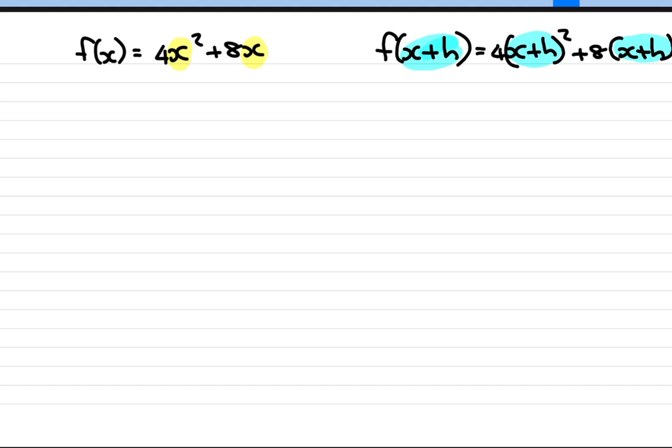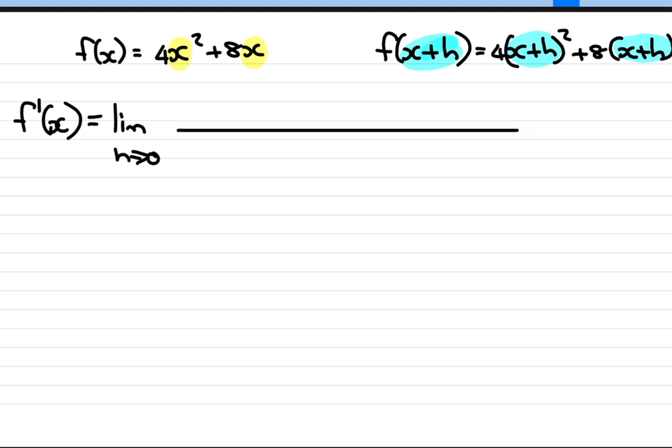Okay, so every x has been replaced with an x plus h. Now we can write down our formula, and the formula is quite easy, and I think you know this off by heart. It's the derivative, but there's a limit as h approaches 0. And then the formula is f of x plus h, and then you subtract the original function, all over h.